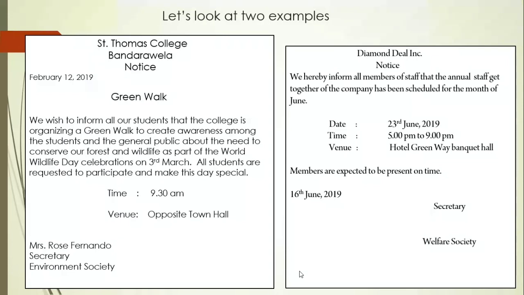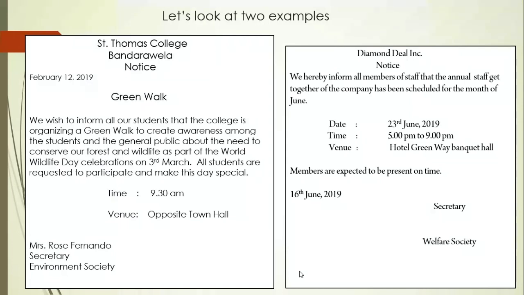In the first notice, the date is given up, whereas in the second notice, the date appears down. It doesn't matter. It is allowed in notice writing. You can write the date either up or down. It doesn't make any difference.